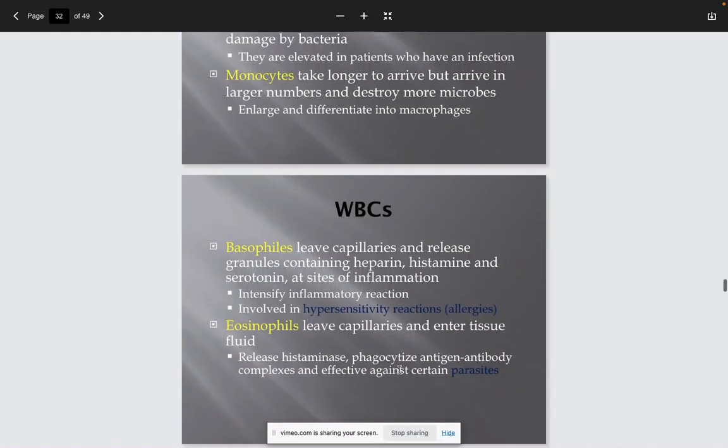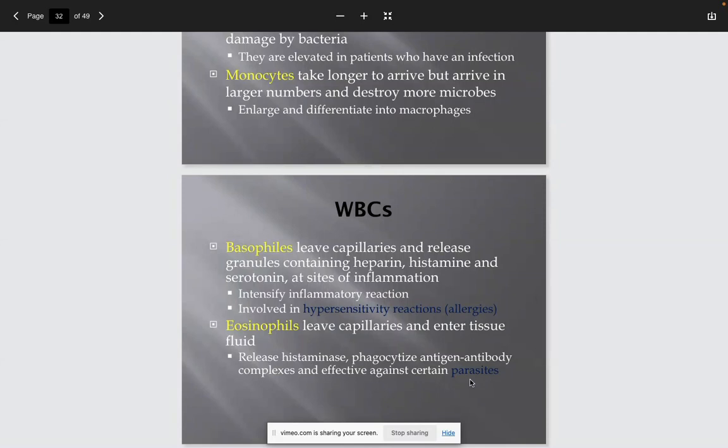What I want you to know primarily on this slide is that eosinophils, the white blood cells that stain that deep red appearance, are responsible for releasing histamine, and they work against certain parasites. So you have to think, what is a parasite? Whenever you think about a parasite, think about something that comes into the body and causes harm. This could be, for example, a hookworm.